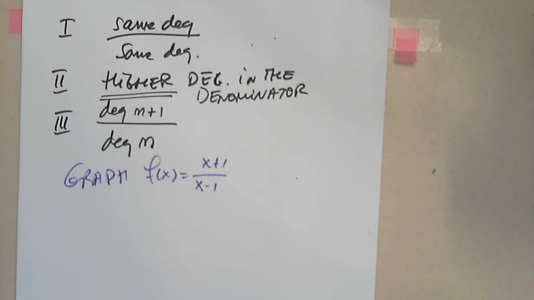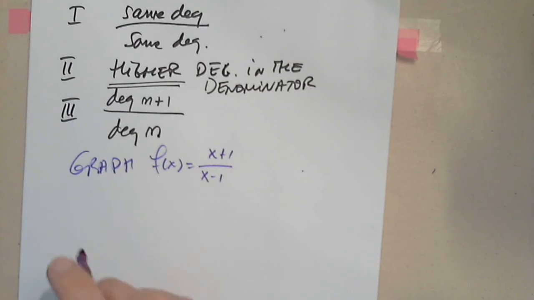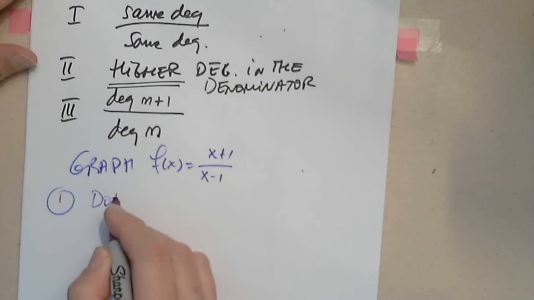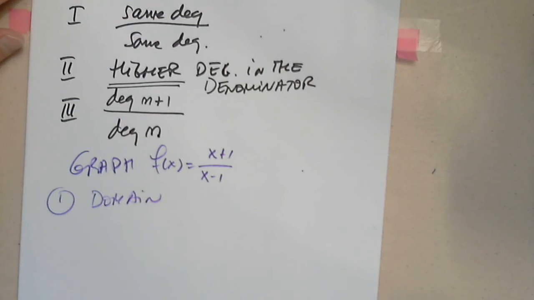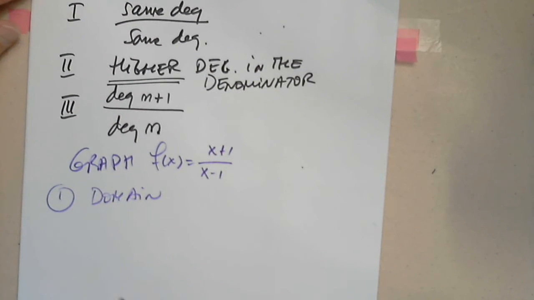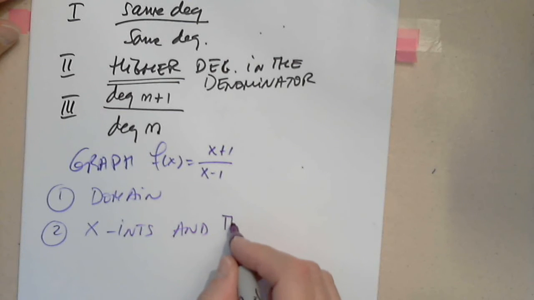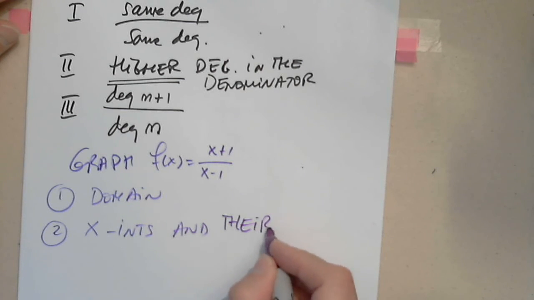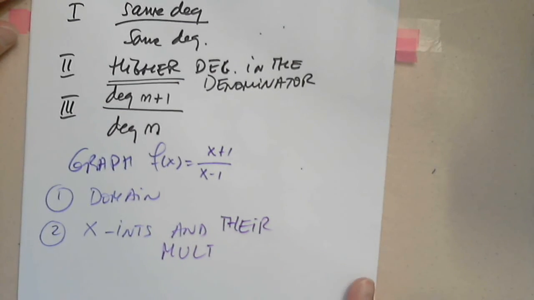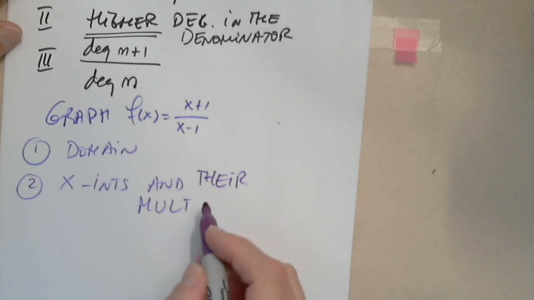A lot of those will transfer here. Number 1, domain. Number 2, x-intercepts and their multiplicities. Let me know if I'm not focused here.